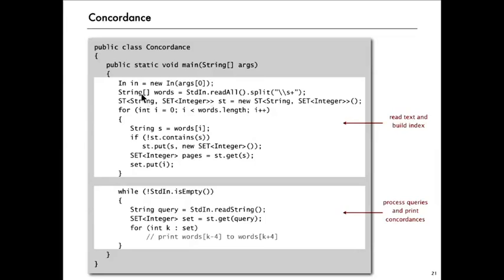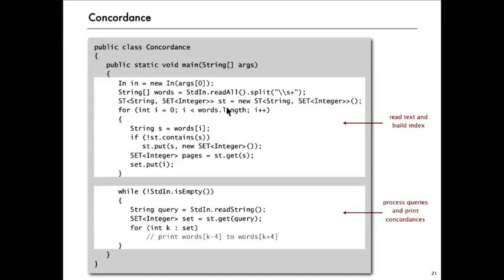So now all the words are in an array. And then we're going to create a new symbol table that associates strings with sets of integers. And again, the string is the key, and the sets of integers are going to be the places in the array where the given word appears.